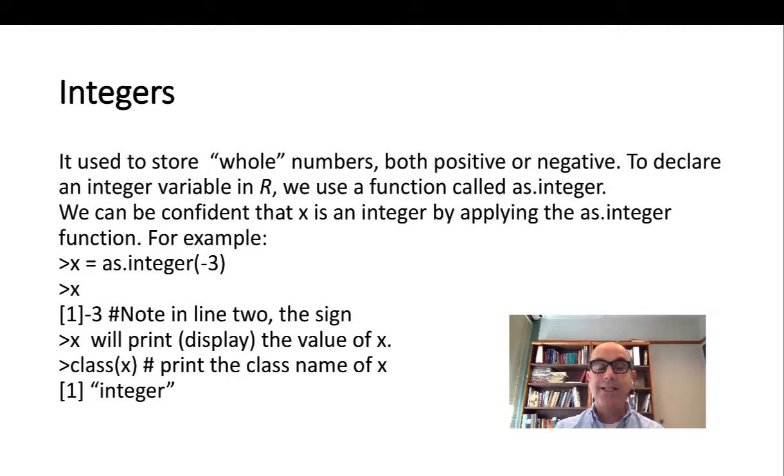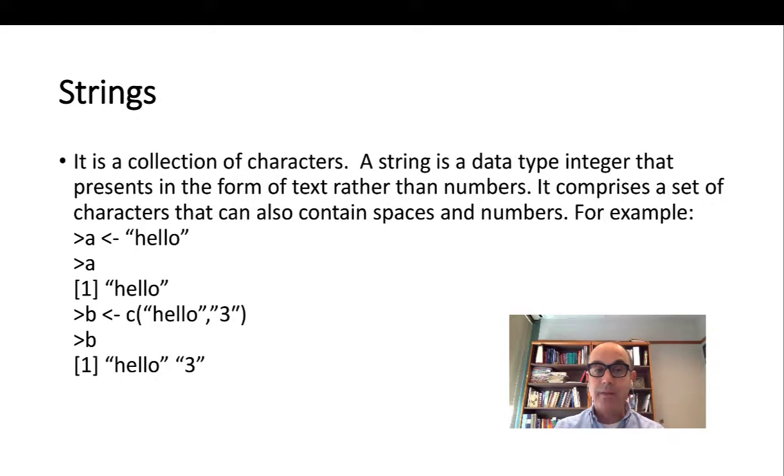In the example, x is equal to as.integer of minus 3, and when we ask R what is the value, it will say minus 3. Note in line 2, where it will display what class it embeds.